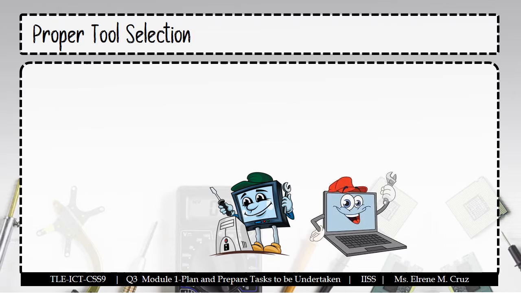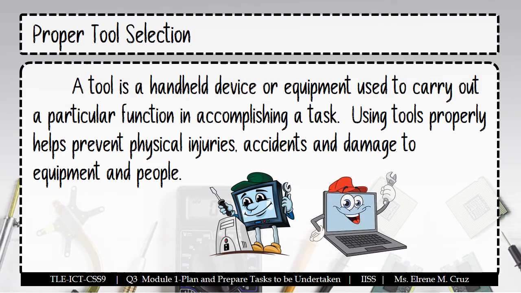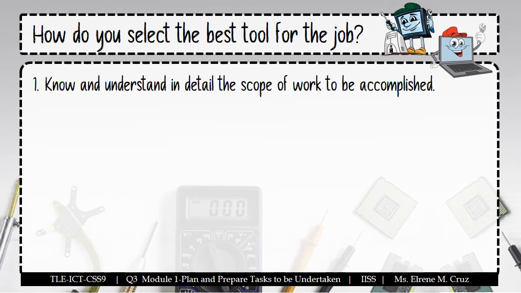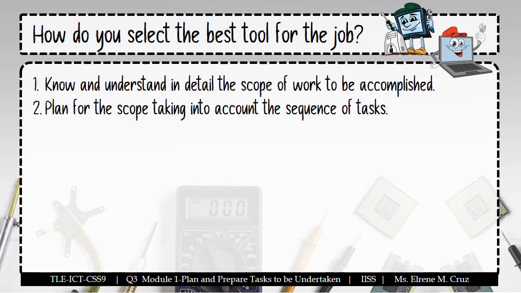Proper tool selection. A tool is a handheld device or equipment used to carry out a particular function in accomplishing a task. Using tools properly helps prevent physical injuries, accidents, and damage to equipment and people. How do you select the best tool for the job? First is, know and understand in detail the scope of work to be accomplished. Next is, plan for the scope, taking into account the sequence of tasks.